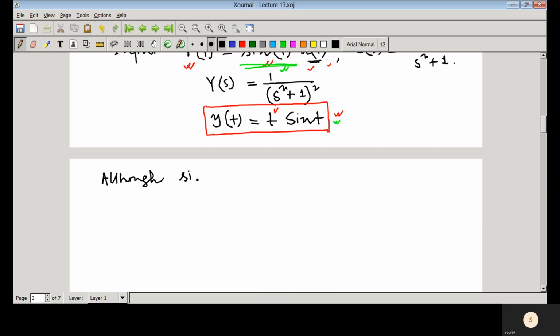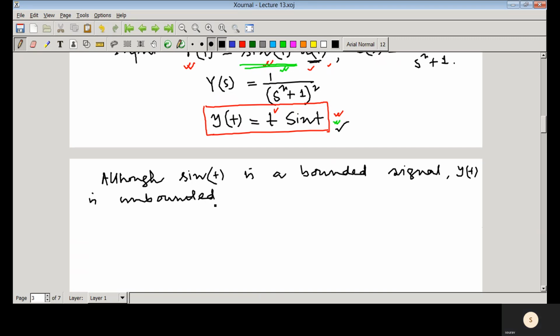Hence, G(s), that is the system, is not BIBO stable, bounded input, bounded output stable. That is, it is unstable.